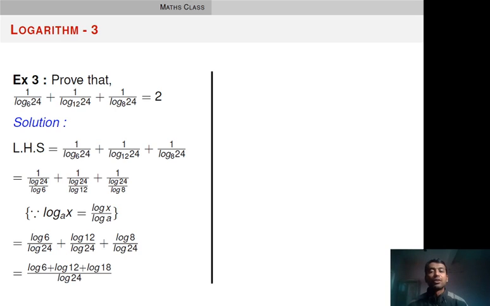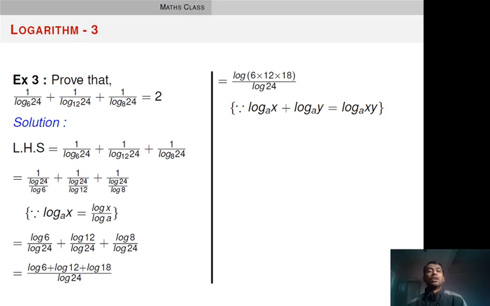All three terms in the numerator have the same base, so addition will be converted into multiplication under a common log function. So log 6 into 12 into 8 divided by log 24. Multiply 6, 12 and 8. So we get log 576 divided by log 24.